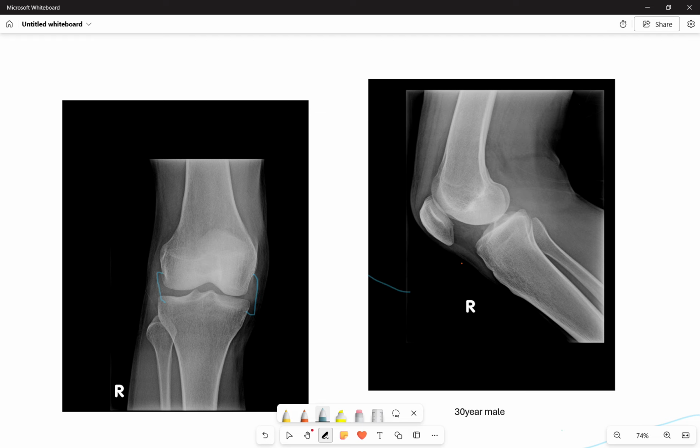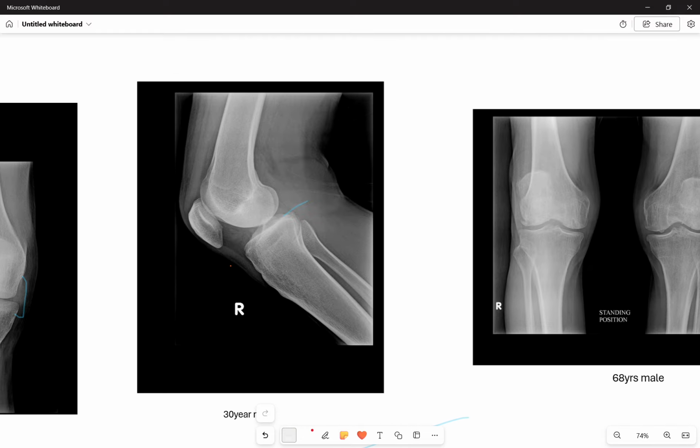Over here, in the X-ray, what you can see is, let me get rid of this. This is the lateral view of the knee joint, and here you see the patella.